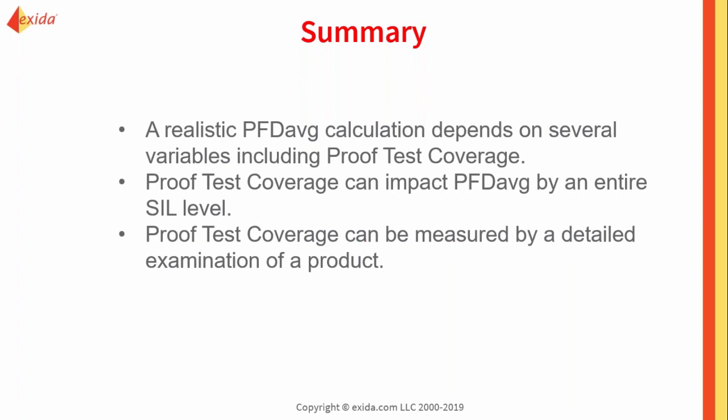Doing realistic proof test calculations can impact your SIL by an entire level, and not knowing what you're actually running is, as I said before, kind of like an ostrich, just putting your head in the sand, hoping things are going to be okay when you're not using realistic numbers.